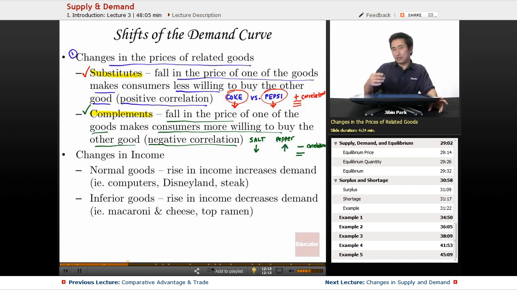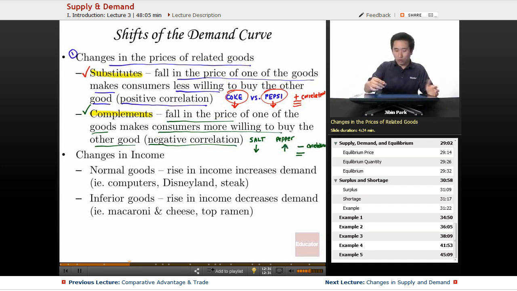You're not going to have to really deal with calculations and numbers in the macro course, but you are going to have to know the idea that if the price of a substitute decreases, then the demand for the other substitute is also going to decrease.